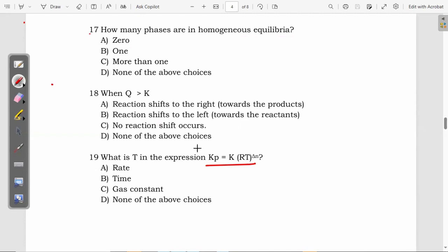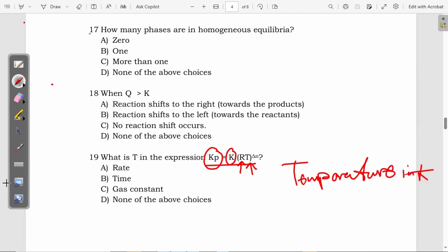The R is the universal gas constant. The T there represents the temperature in kelvins. But you can see that from our options here, we do not have any kelvins. So we are going to say none of the above choices, so we pick D as the best answer there.